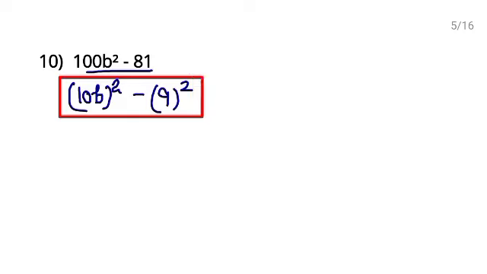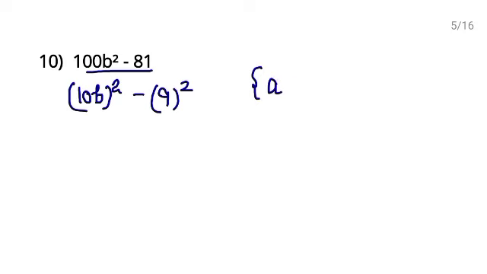Now this is in the form of a square minus b square, right? So we will use the identity a square minus b square is equal to a plus b into a minus b.